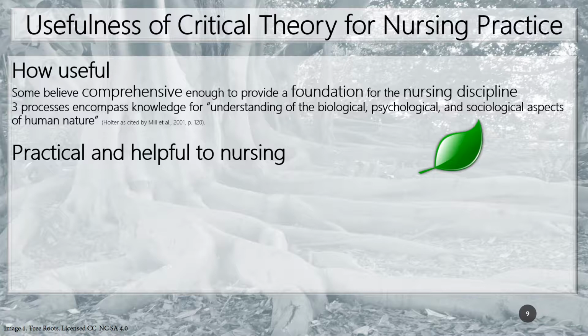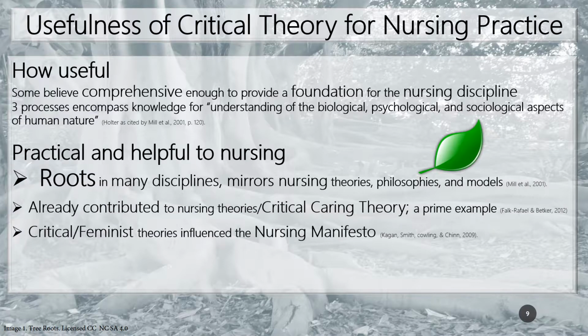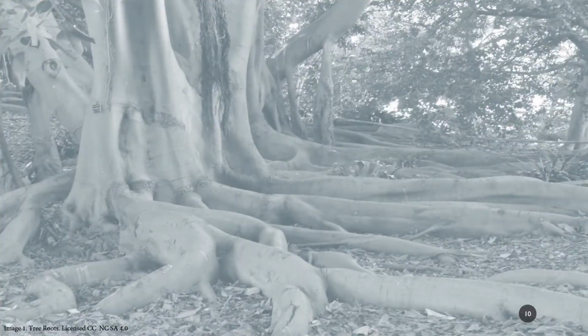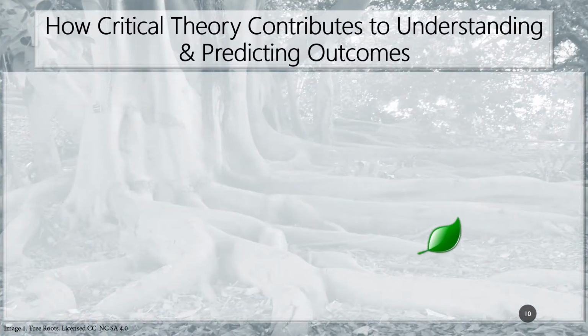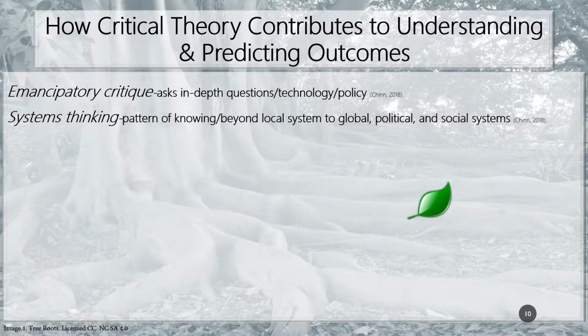Chin says that emancipatory theory can enhance the advanced practice through the essentials 1 through 7. The ways that critical theory contributes to understanding and predicting outcomes is through emancipatory critique: asking questions, digging deeper, questioning everything.